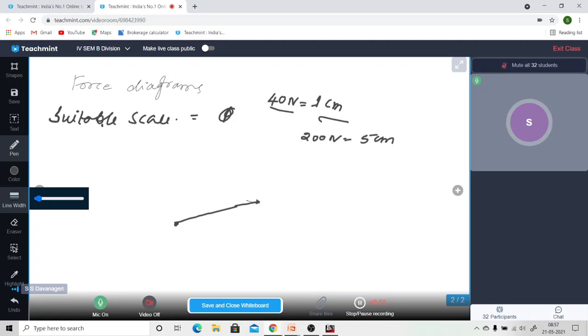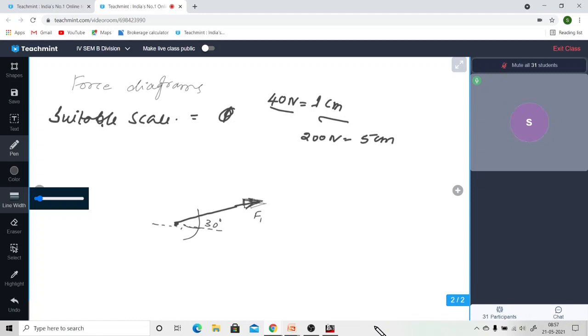Now this is the force direction of F1. So what is the angle here? This is a 30 degree angle, right?